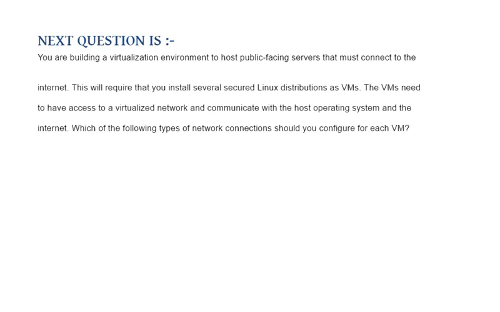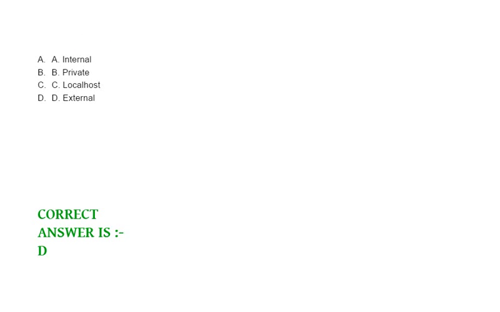Which of the following types of network connections should you configure for each VM? Option A. Internal. Option B. Private. Option C. Localhost. Option D. External. Correct answer is option D.